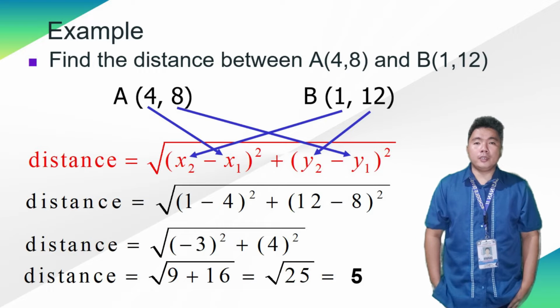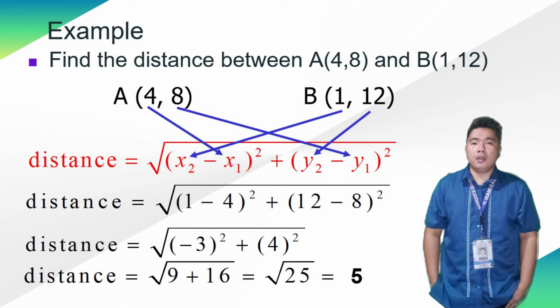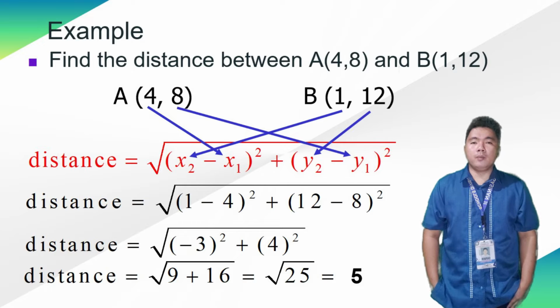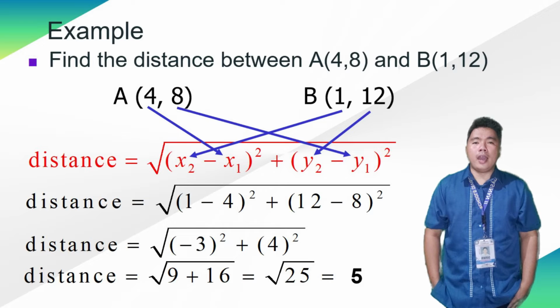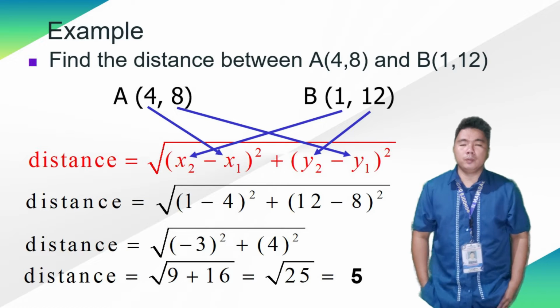Before using the distance formula, let's first identify which is the x sub 1 and x sub 2, and also y sub 1 and y sub 2. For point A, we are going to let that as x sub 1 and y sub 1. And for point B, we are going to let that as x sub 2 and y sub 2.